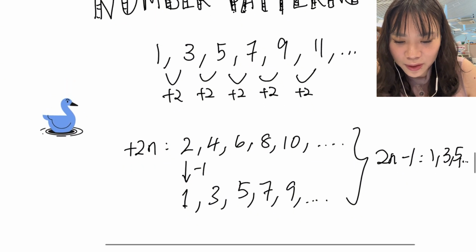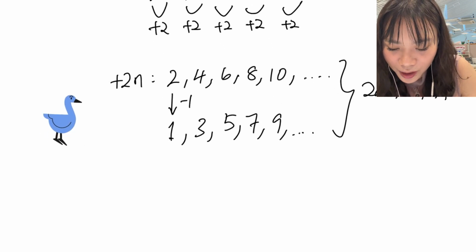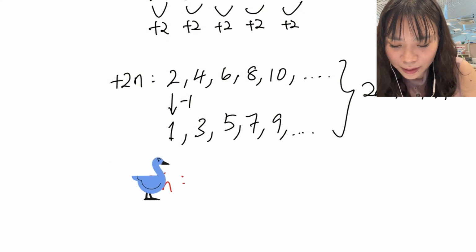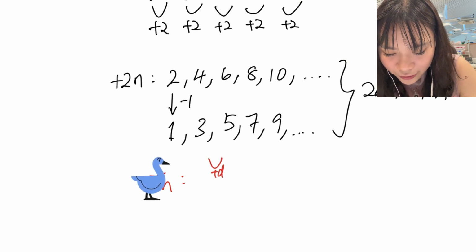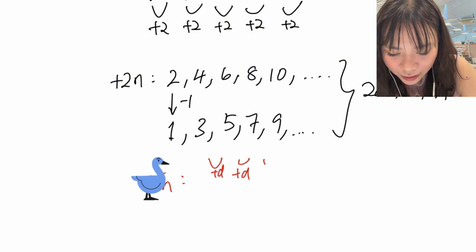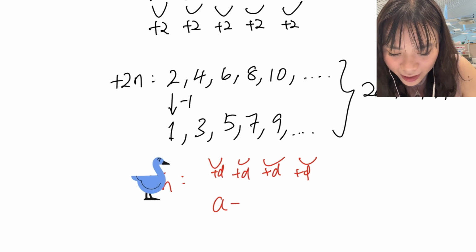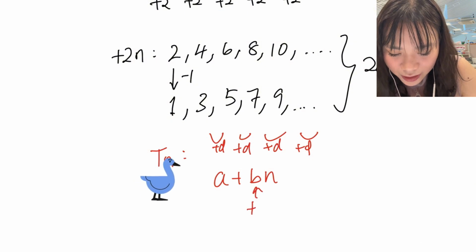Another way to see this is as a formula. If we are talking about any sequence that has a common difference, for example, plus d, then we will call it a plus bn, where b is the common difference.